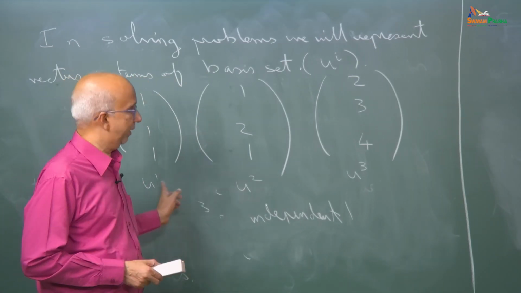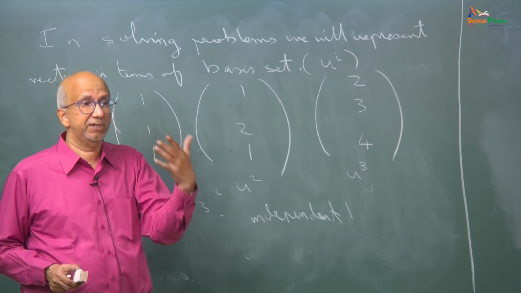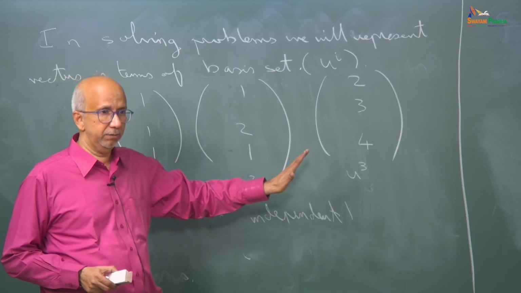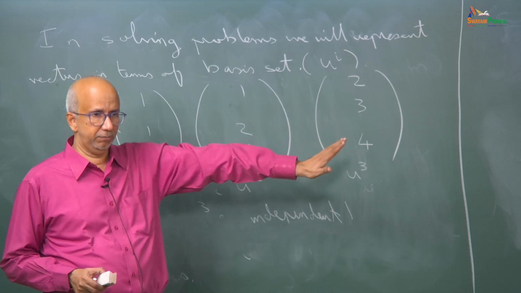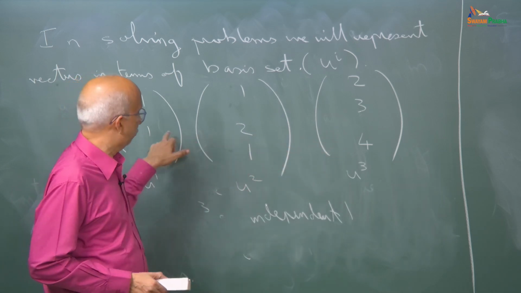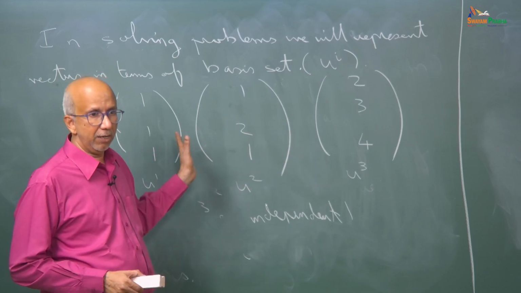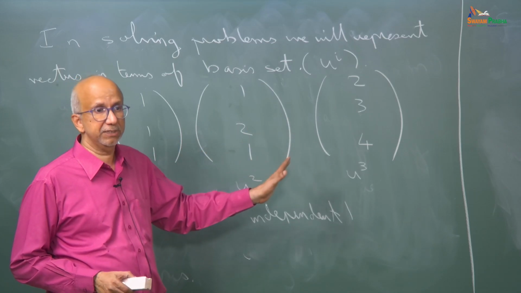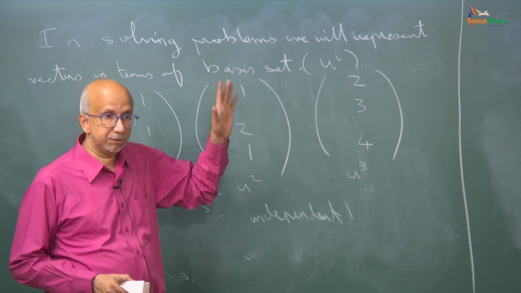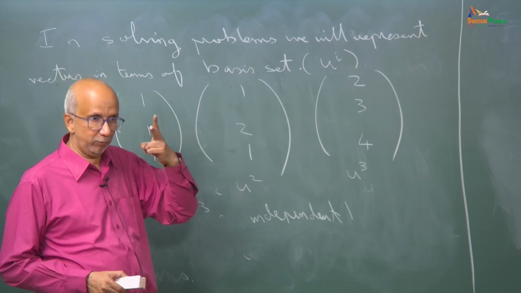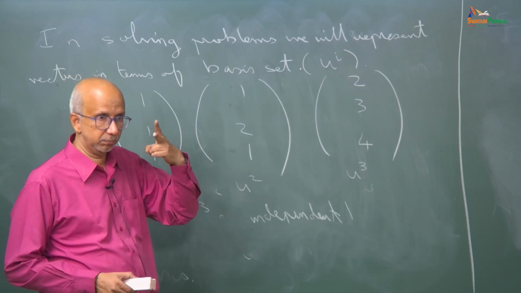Only if they are independent. Can I use it as a basis for R3? If all of them are independent, I can. But if only 2 are independent, then I can use it as a basis for a subspace of R3, not for R3, because I have only 2 independent vectors. Okay.